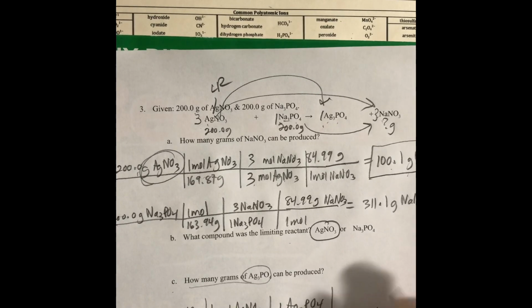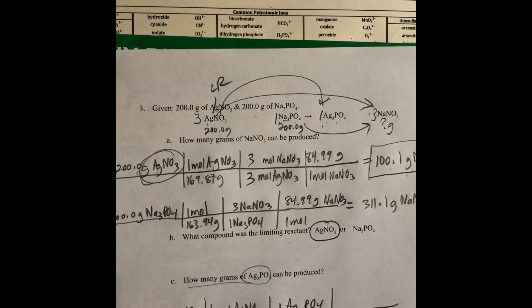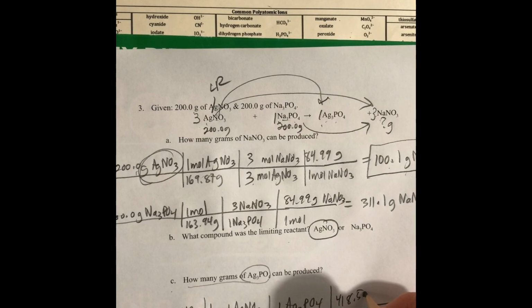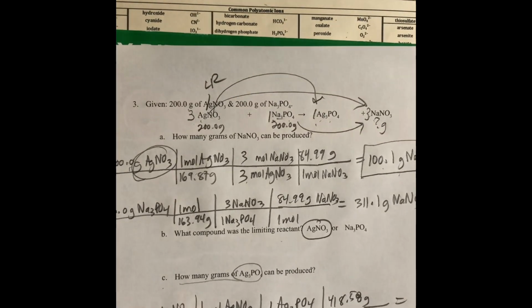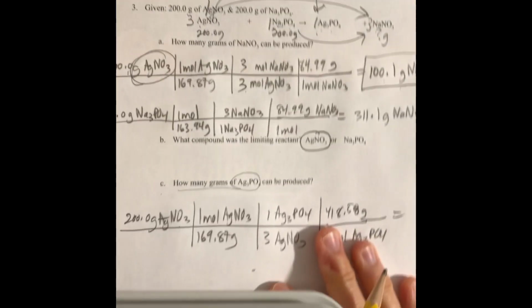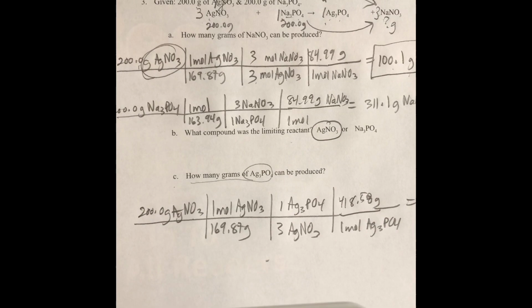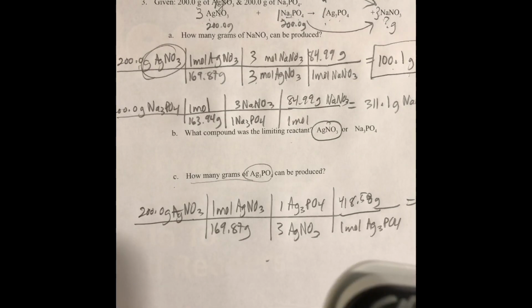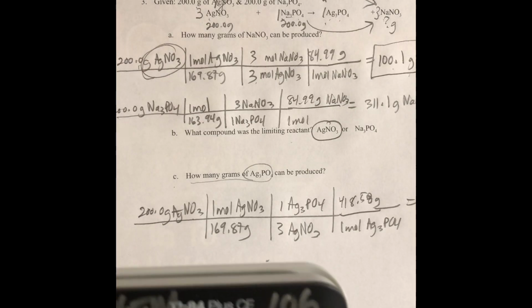And then we'll change that 1 mole of Ag3PO4 into grams. I'm going to look at my cheat sheet for that. It looks like 418.58, and it must say grams. And then I'm going to do a little math and do a little dance. So in my calculator, I will have 200 divided by 169.87 divided by 3 and times 418.58.